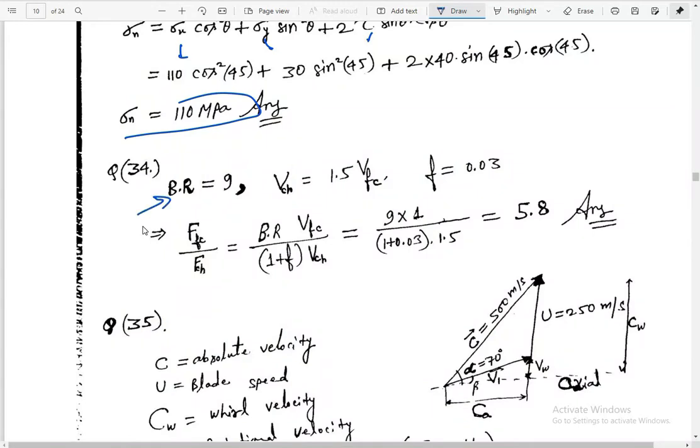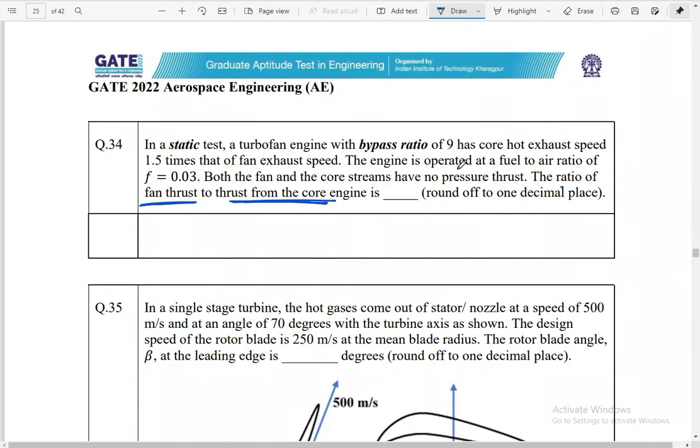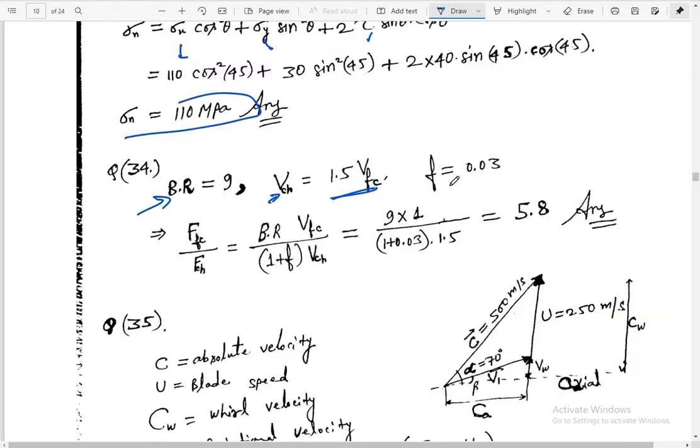VCH is the velocity of the core, that is the hot stream, which is 1.5 times the velocity of the fan stream, VFC. That is given in the question. The core hot exhaust speed is 1.5 times the fan exhaust speed, and the fuel ratio is given as 0.03.